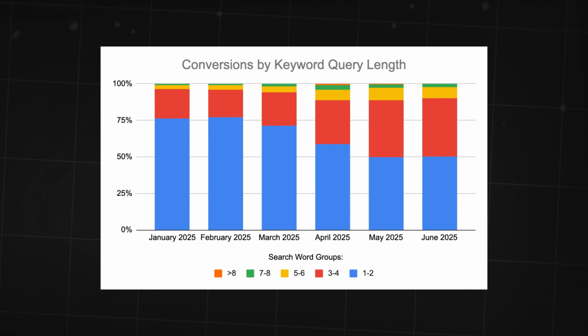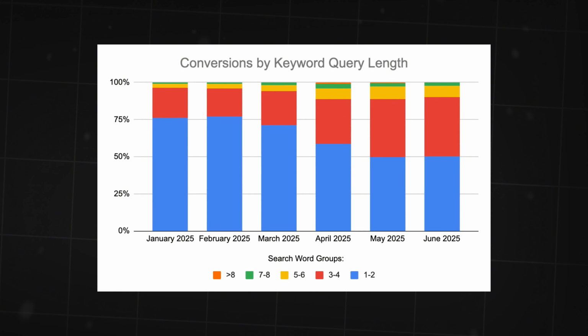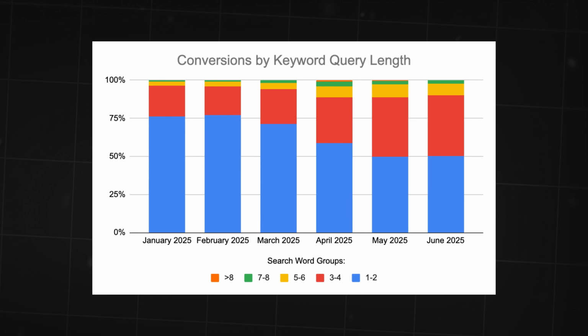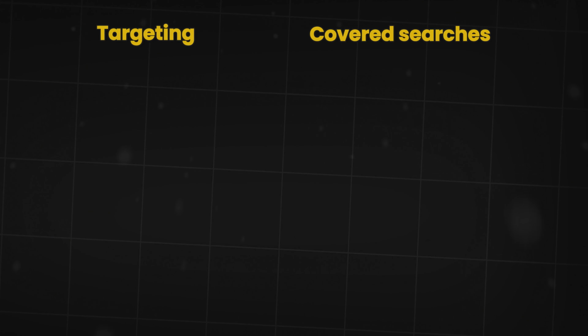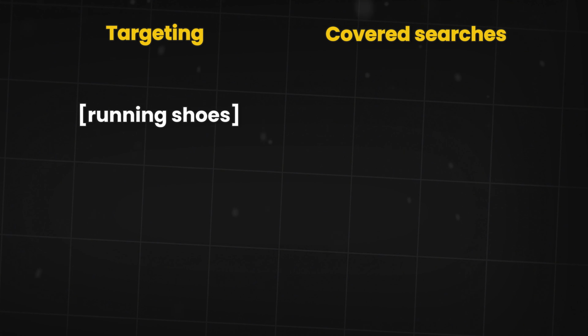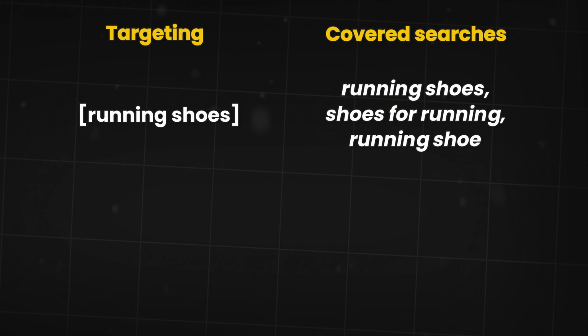As search evolves, search queries are becoming longer and more complex, so it's becoming more and more important to use broad match. For example, if you're targeting a keyword running shoes in exact match, your ads would show for searches like running shoes, shoes for running, running shoe.